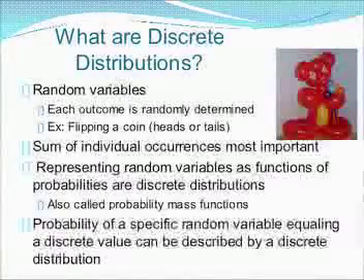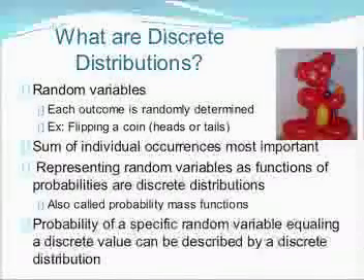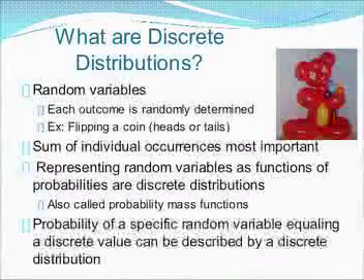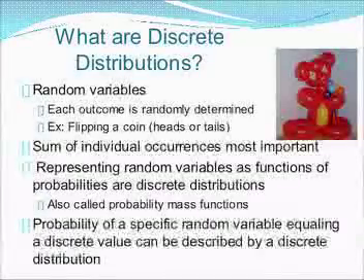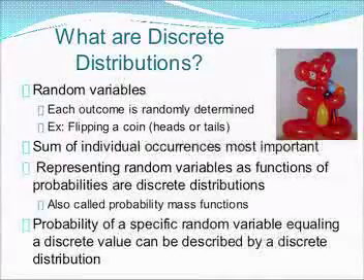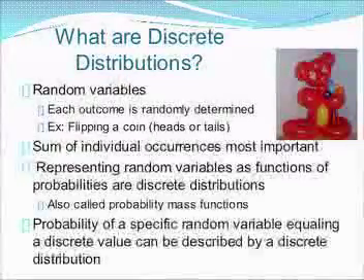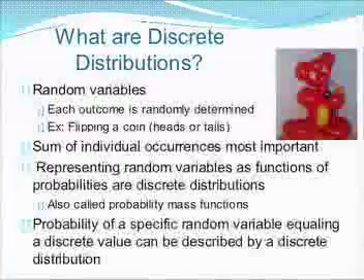What are discrete distributions? The most important thing in a discrete distribution is the random variables. Each outcome is randomly determined, and for example, flipping a coin has heads or tails as a result. The most important thing in a discrete distribution is the sum of the individual occurrences.